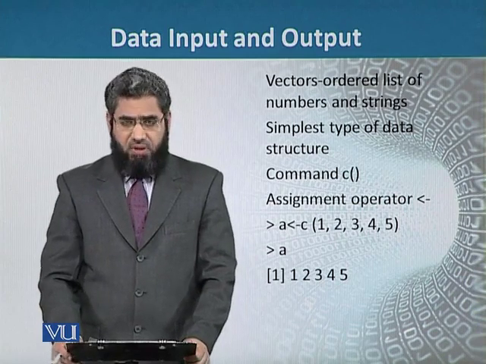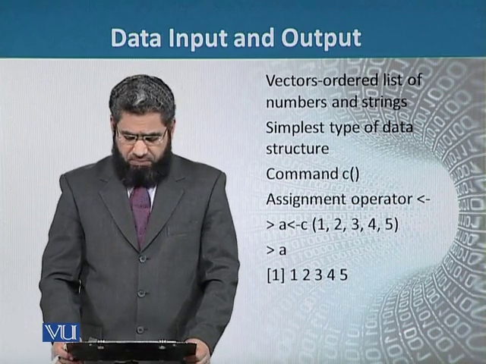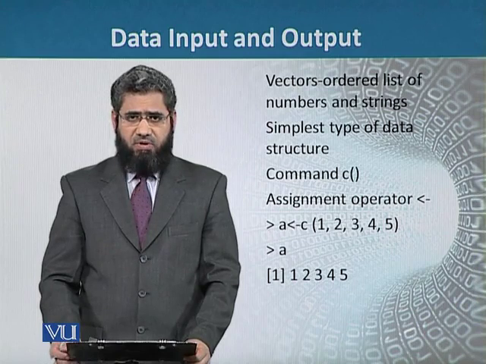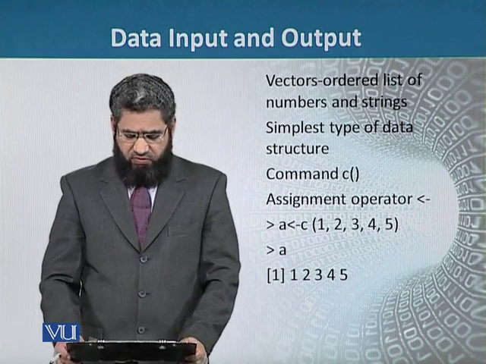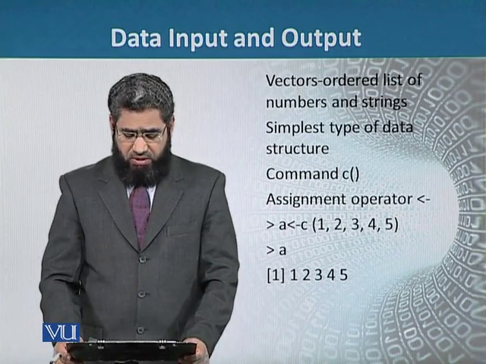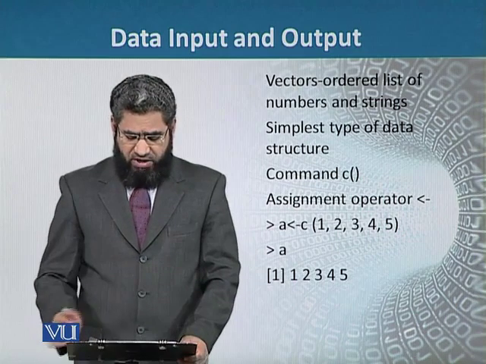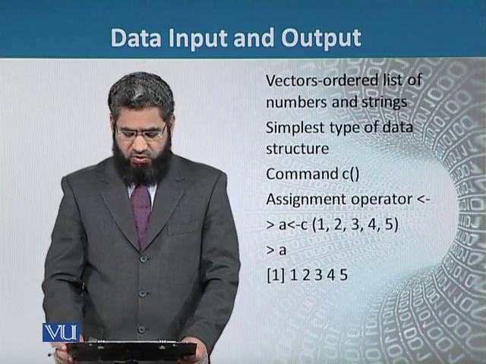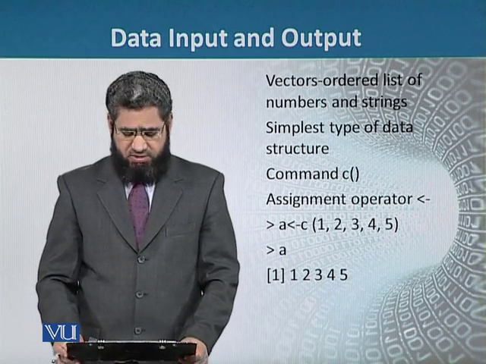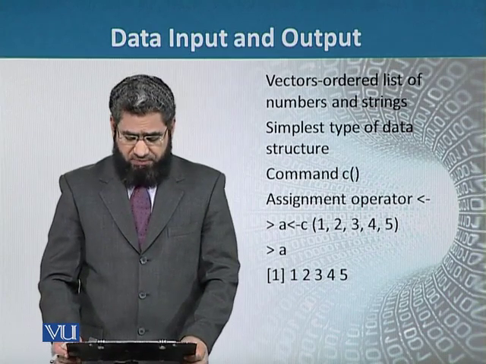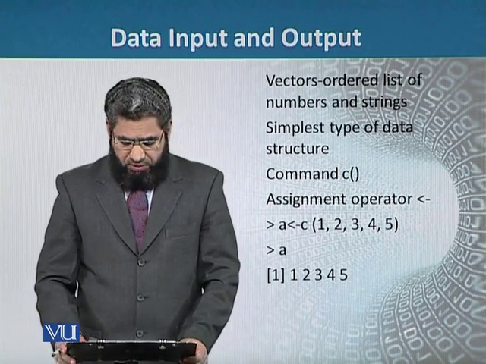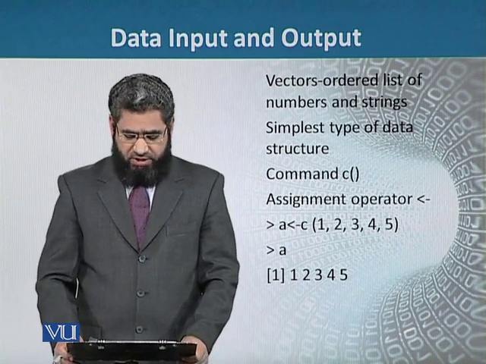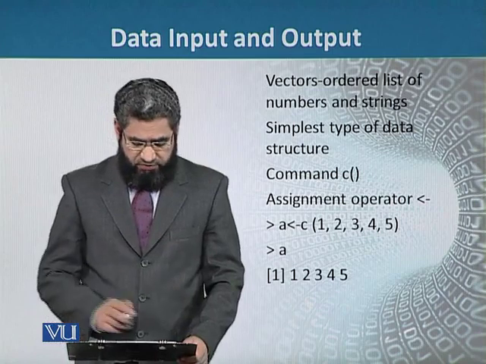These vectors are saved in an object by using the less than sign coupled with the minus sign. So to save it, we write a, less than sign minus, c, and 1, 2, 3, 4, 5 separated by commas. We can see the numbers present in the object by writing its name, and we will get the answer 1, 2, 3, 4, 5.